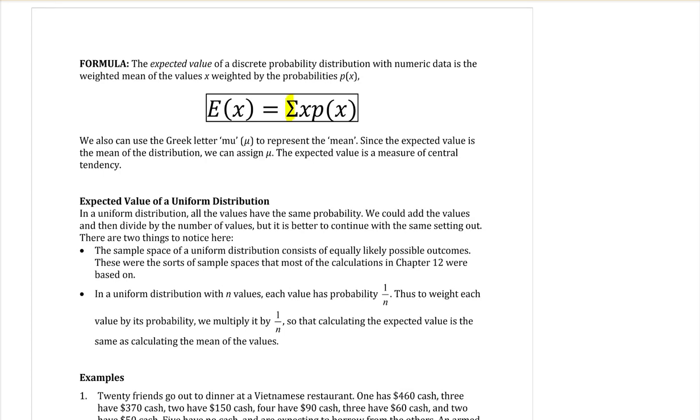It means to sum. X is the score times P of x, the probability of that. The expected value is also given the symbol mu, another Greek letter, and you can see it written down here. We can use the Greek letter mu to represent this weighted mean or this expected value.